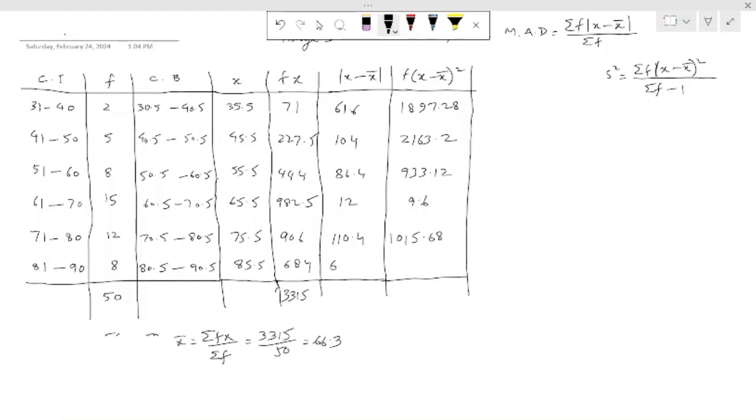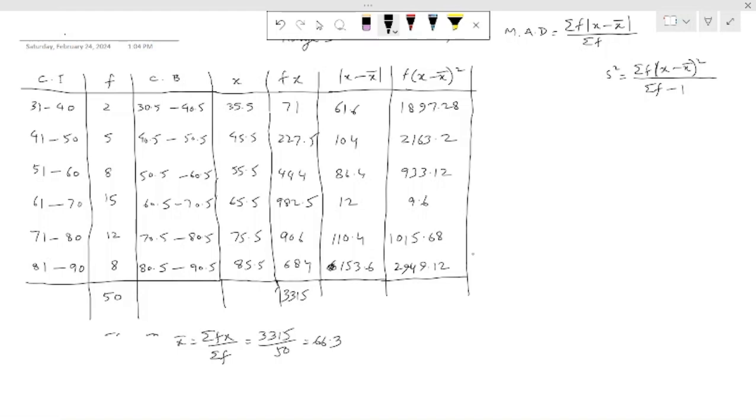Then the last one is 85.5 take away 66.3, that's 19.2, and then multiply this by 8, gives us 153.6, and multiply this again by 19.2, gives us 2949.12.